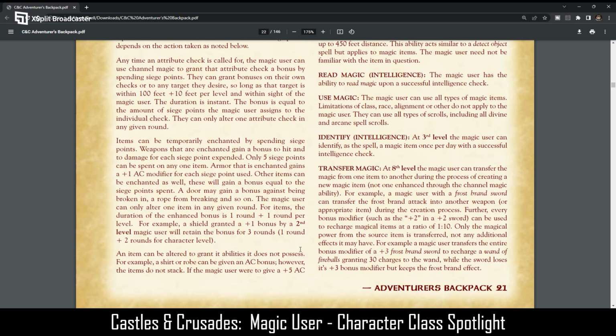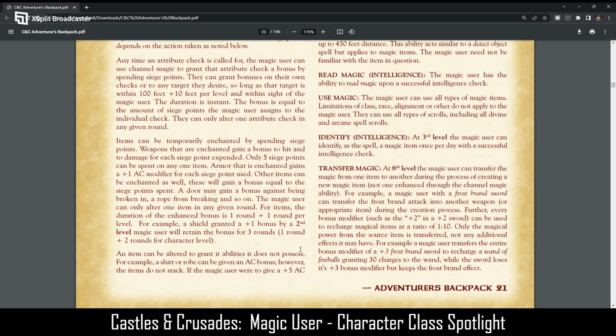Transfer magic. At level 8, the magic user can transfer the magic from one item to another during the process of creating a new magic item, not one enhanced through the channel magic ability. For example, a magic user with a Frostbrand sword can transfer the Frostbrand attack into another weapon or appropriate item during the creation process.